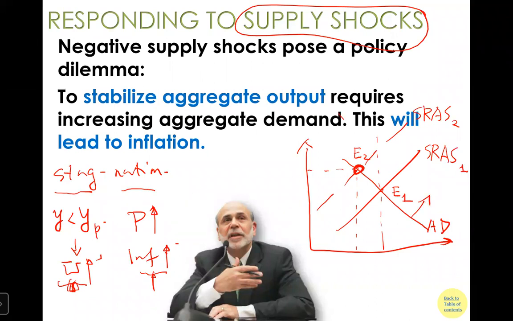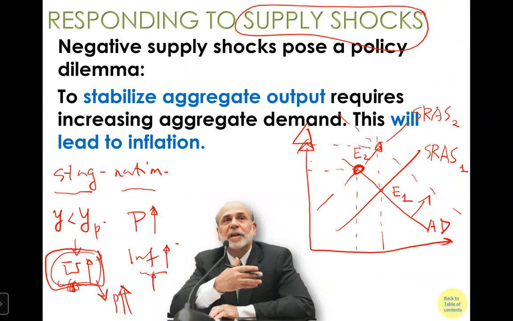So say you go here, and you move from E2 to this point, and then you get rid of unemployment. But what happened in terms of inflation? You are going to make the inflation problem even worse, correct? Because the price is going to shoot up even higher. So if you deal with this problem, you are going to lead to an even higher price.